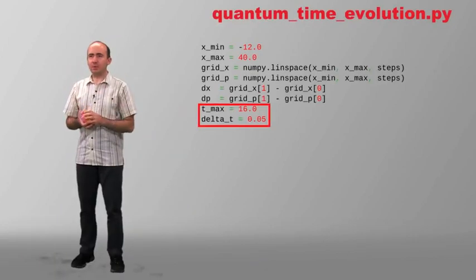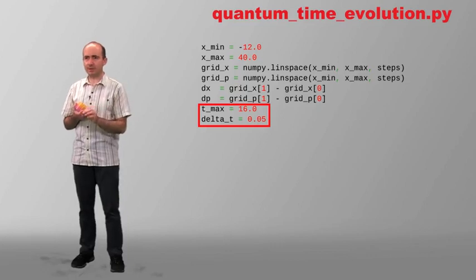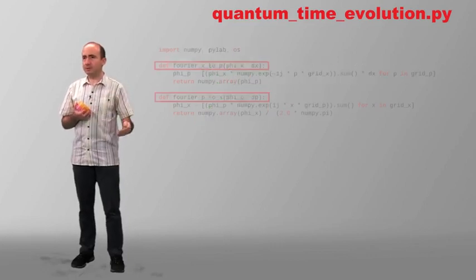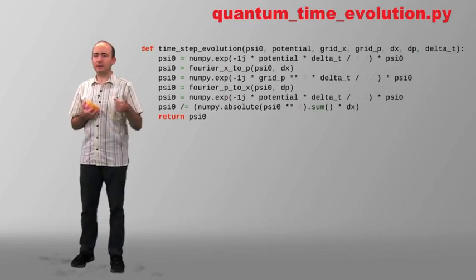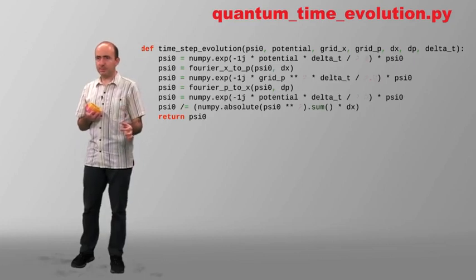This provides a possible scheme to devise an algorithm, which is the following. First, define the initial wave function, then discretize the time interval t into n time slices of duration delta t, define the Fourier procedure, and apply the Trotter formula many times at each time step.